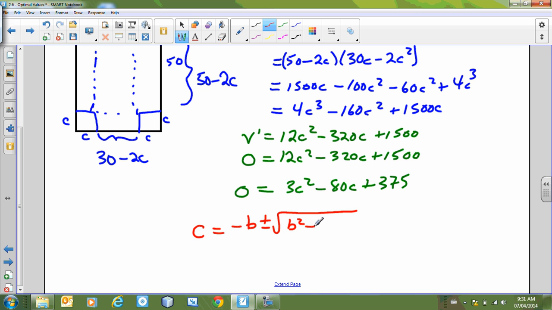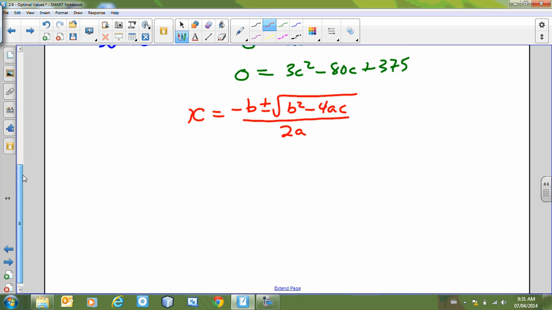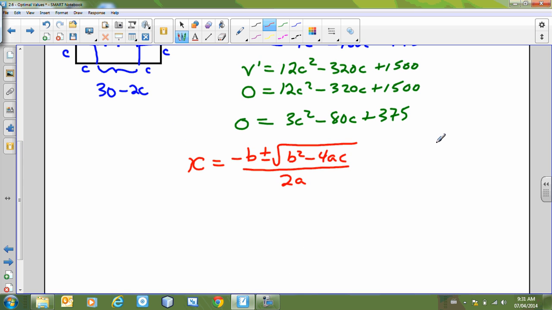the quadratic formula will help me actually solve this, regardless of whether it is factorable or not. Now let's start by saying, typically x equals negative b plus or minus the square root of b squared minus 4ac. In that case, of course, a is the 3, b is the negative 80, and c is the 375.